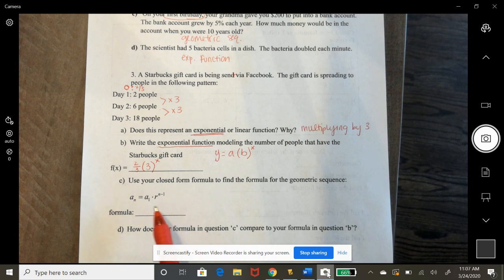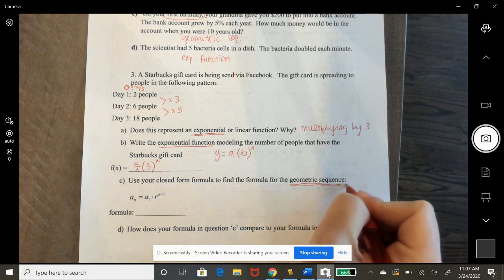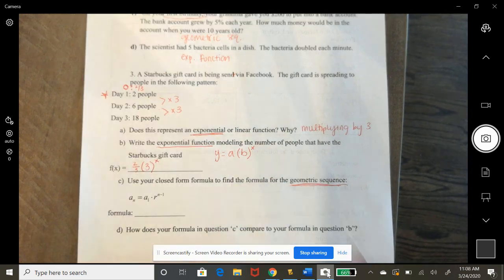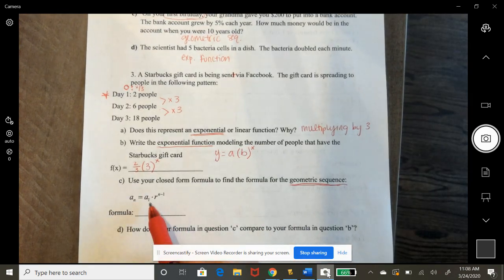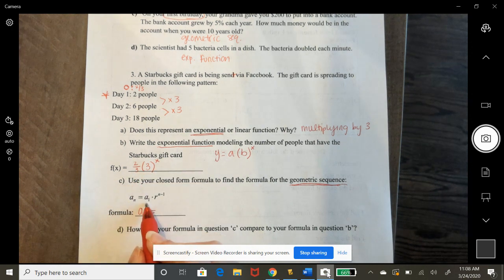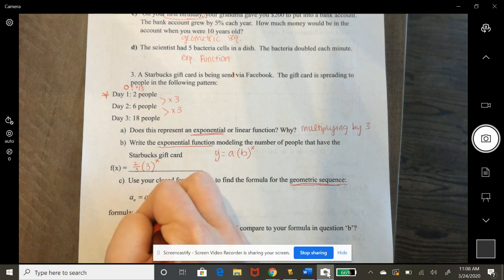Okay, so now we're going to do the sequence. So use your closed form formula to find the formula for the geometric sequence. Now, this one's probably going to make more sense because we are starting on day 1, okay? So A n equals, so A sub 1, that's my first term, so my first day, there's 2 people.